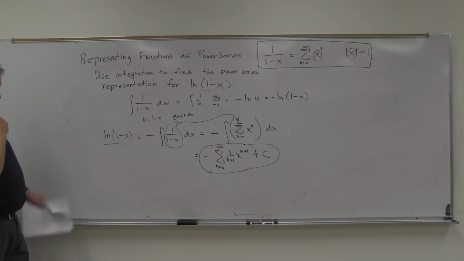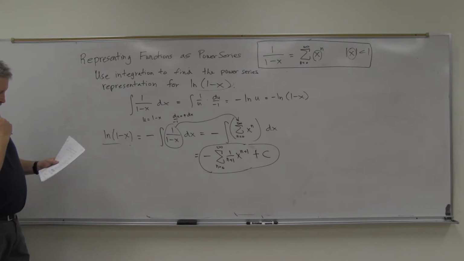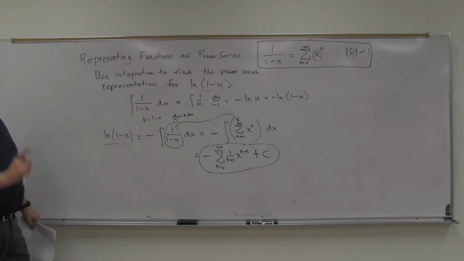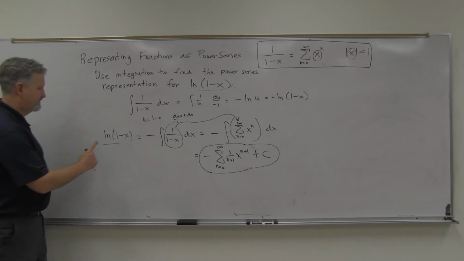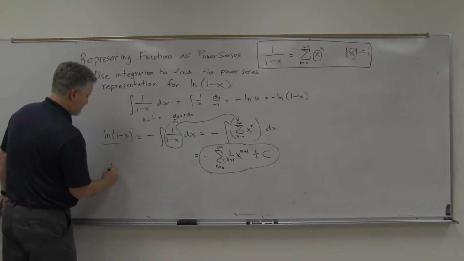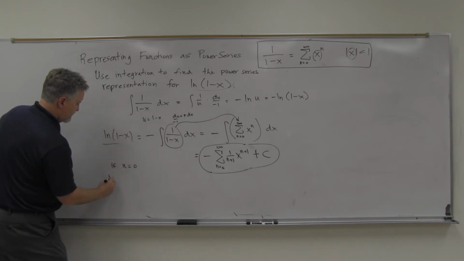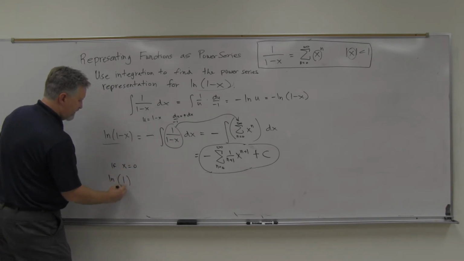This one might come out to be 0. Let's think about that. x is 0. Because look, if we do x is 0, that would make it ln of 1, right?